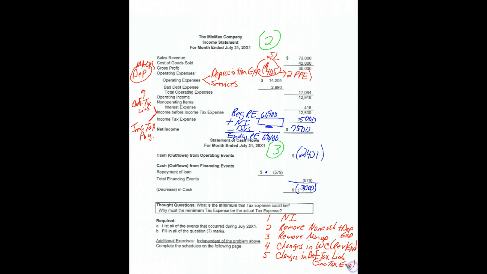Even though this deferred tax liability is a long-term account, we factor in the changes because, as I talked about over here, it is directly related to the income tax expense account. In addition, income tax payable is related to income tax expense. And lastly, you'll arrive at cash from operations.